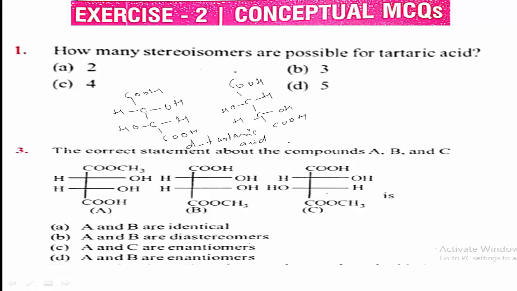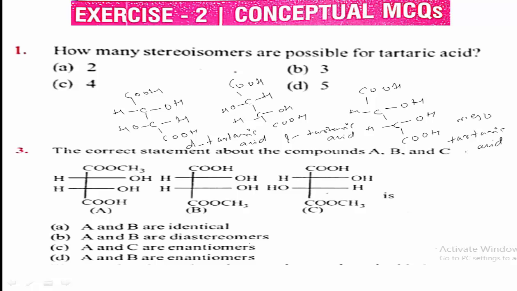This one is L-tartaric acid. And one more structure for tartaric acid is written with COOH, here CHOH, and here another CHOH, and here COOH. This is meso tartaric acid.